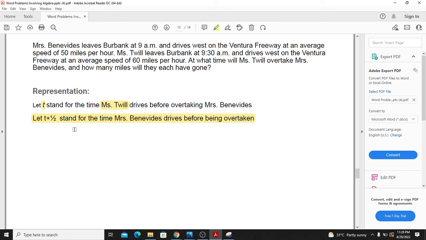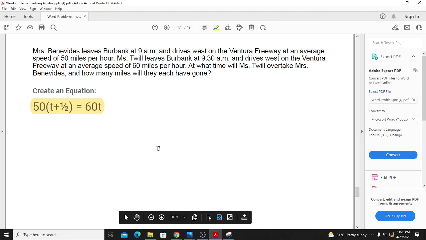So we know for a fact that it took 2.5, or 2 hours and 30 minutes, for Miss Tewell to overtake Mrs. Benavides. Sorry about that.